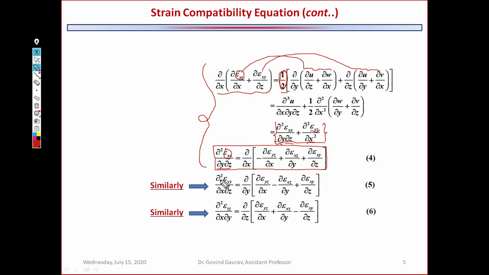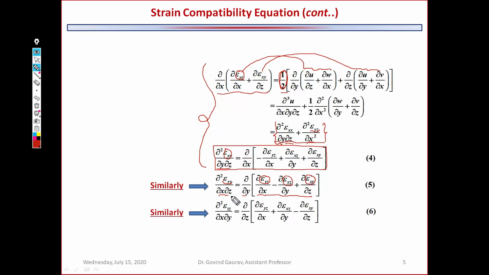The other set of equations is the partial differentiation of epsilon naught xx with respect to x and z, which is equal to the partial derivative with respect to y of the following different shearing strain quantities. So these are the different shearing strain quantities: epsilon naught yz, epsilon naught xz, and epsilon naught xy.